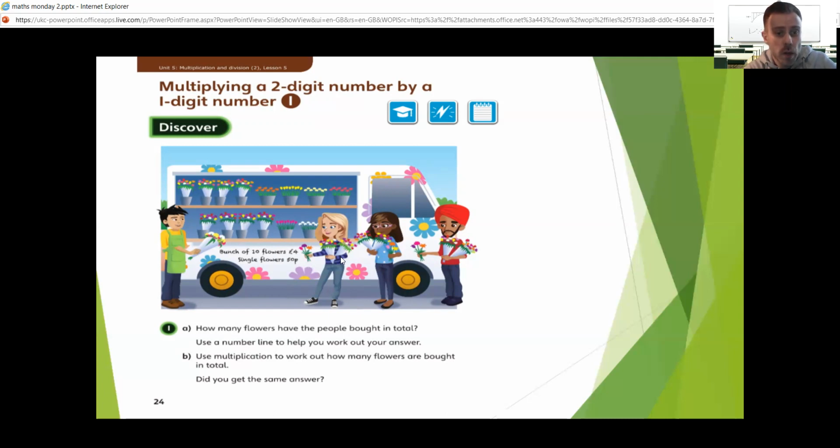Okay, so what I want you to do is have a go at 1A first of all. You have to tell me how many flowers the people have bought all together in total. And it says you can use a number line to help you work out your answer. Okay, so you're going to have a go at that now. So pause the video.